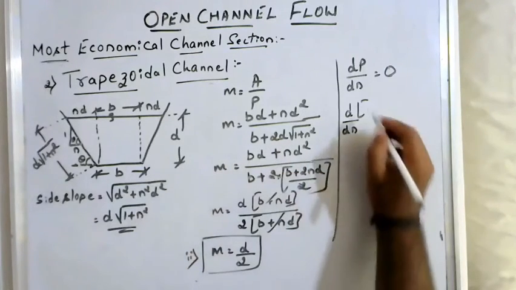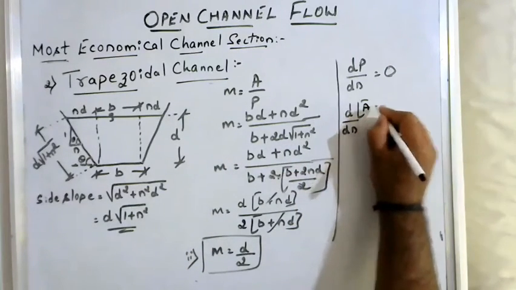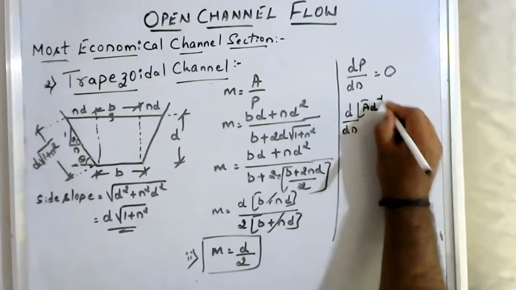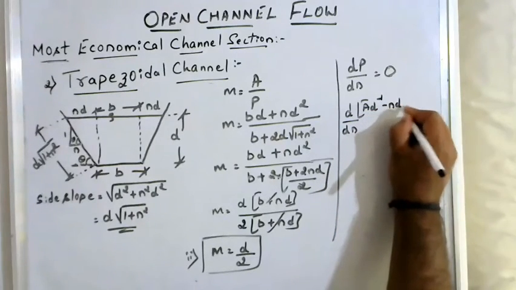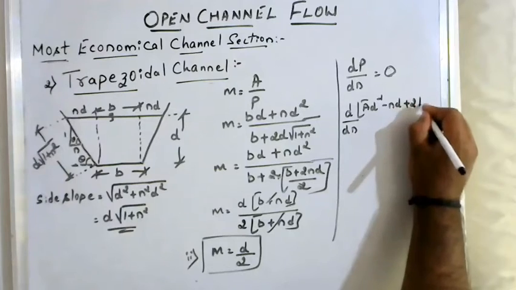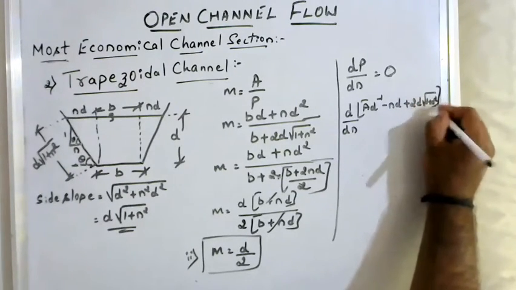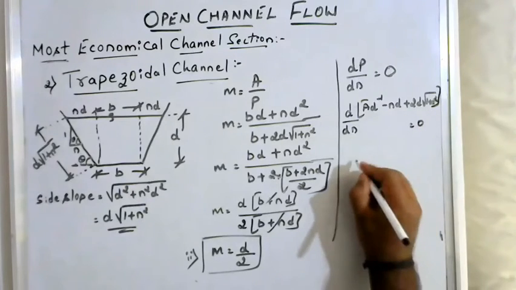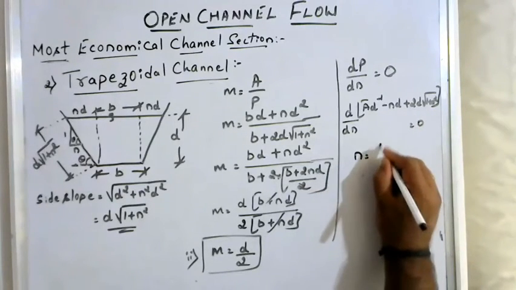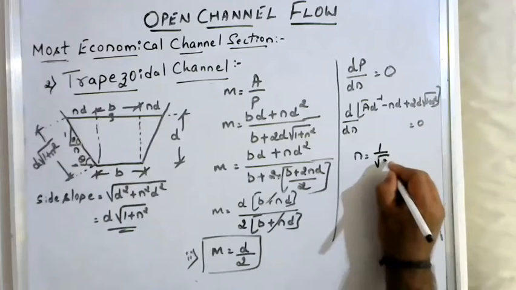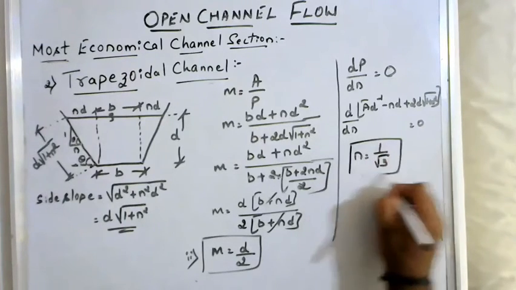The b value I already wrote previously, you can check: A d power minus 1 minus nd, plus 2 into d root of 1 plus n square. Equate this to 0, and you'll get the value of n as 1 divided by root 3.